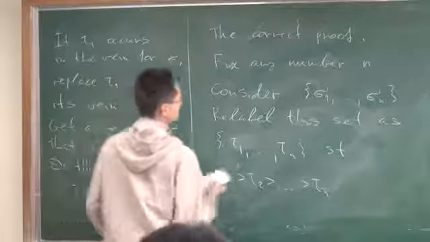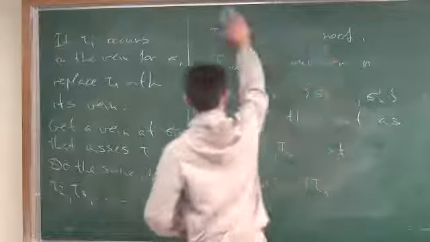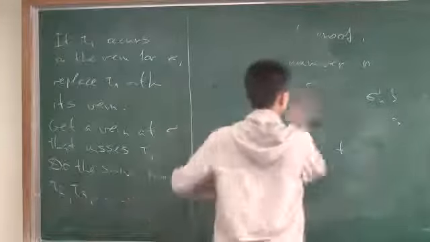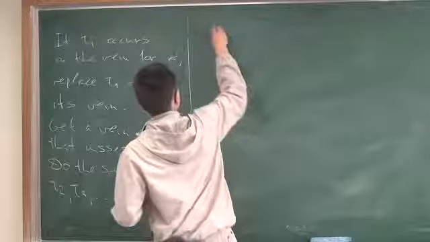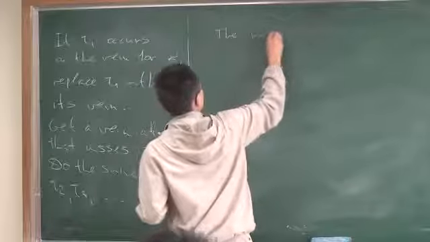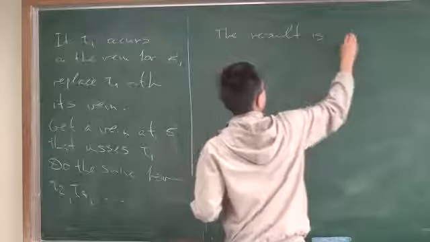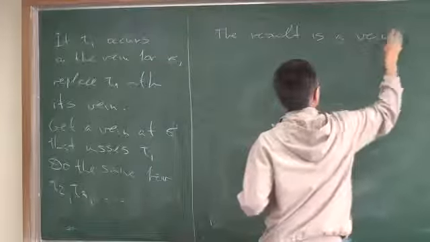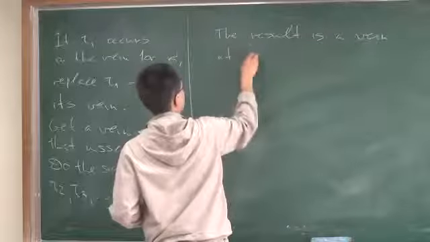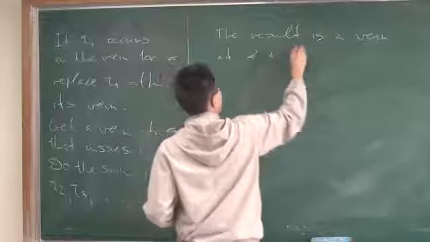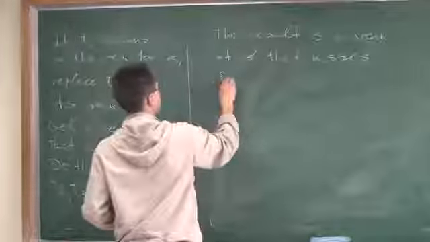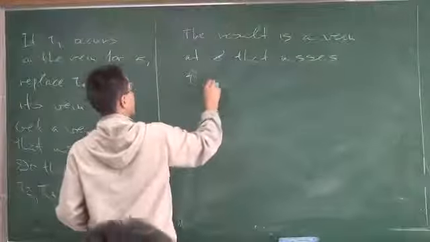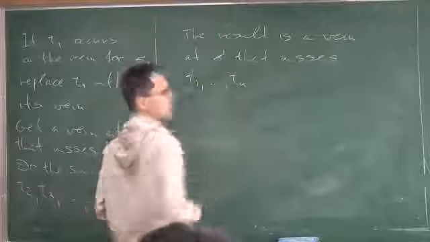So the result is a vein at sigma that misses all of them, misses tau 1 up to tau n.